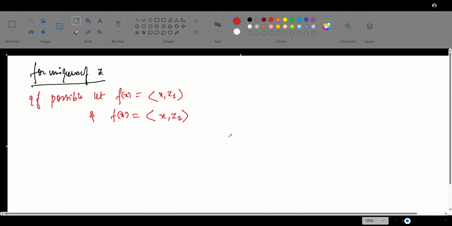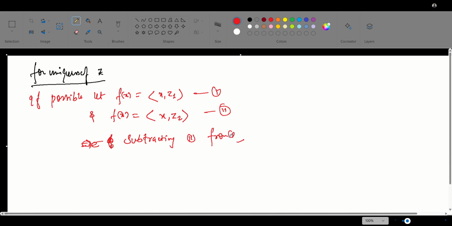So this implies, or suppose, subtracting 2 from 1.